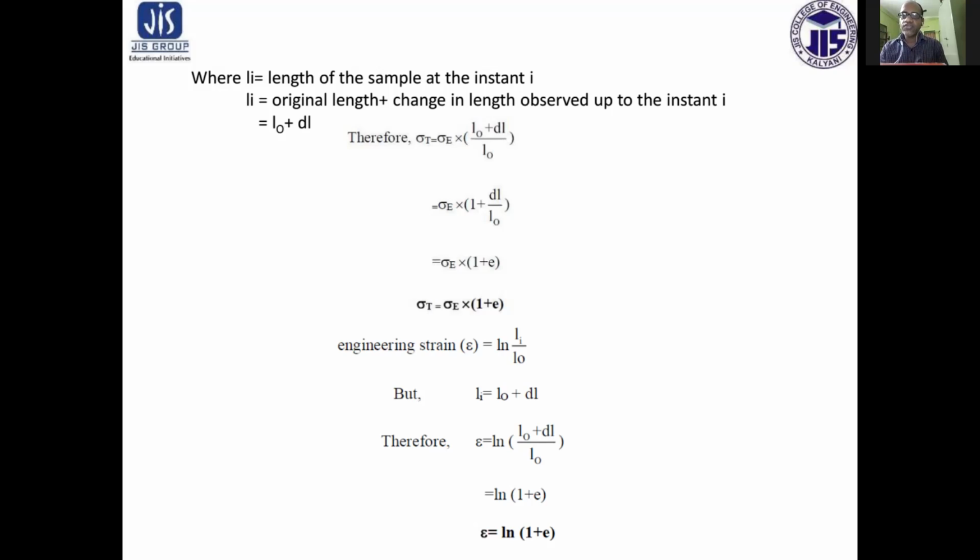So the true strain equals ln of 1 plus e, where e is the engineering strain.